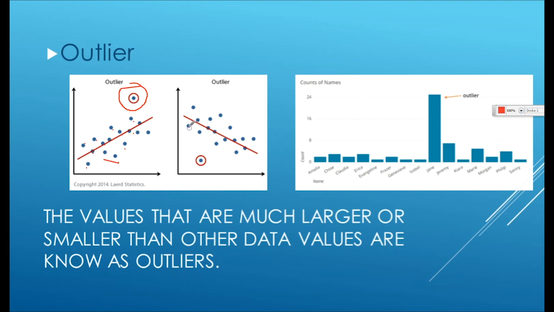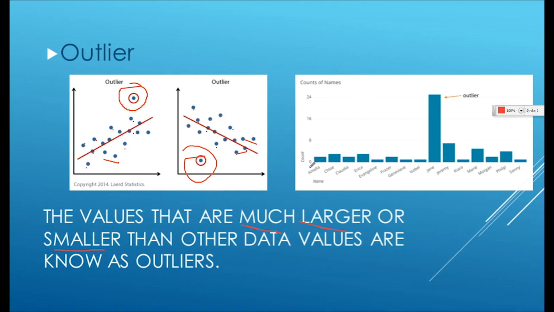Same thing here. You're graphing all these values of whatever the category is, and then you have this one all the way out there. That is your outlier. Look at the bar graph on the right, and maybe they're asking, what's the most common name in the school?